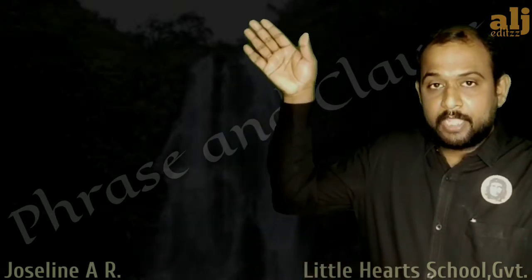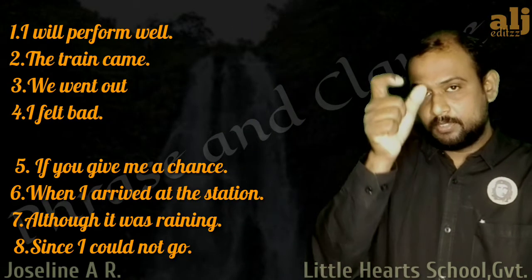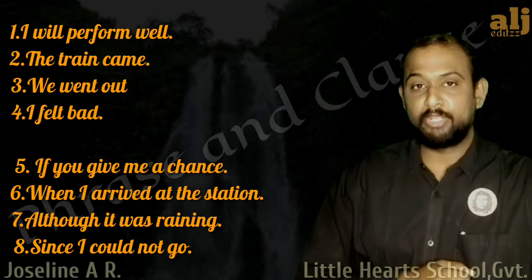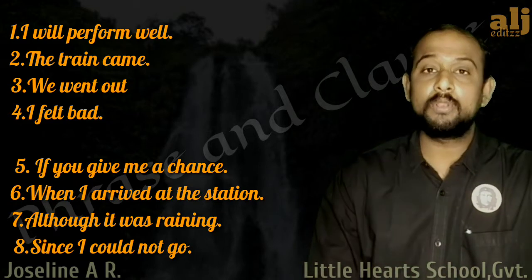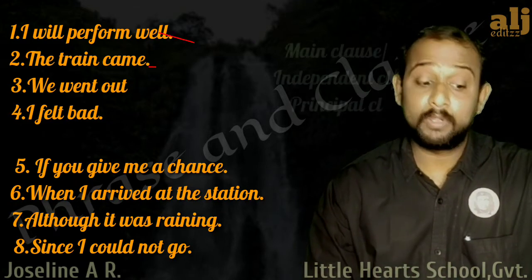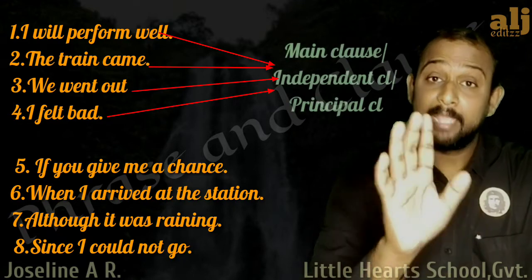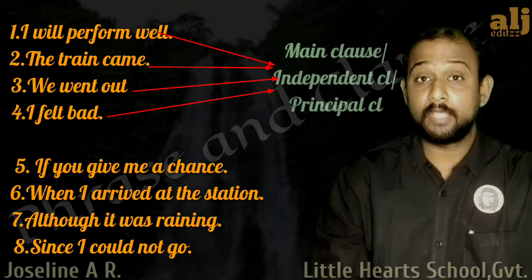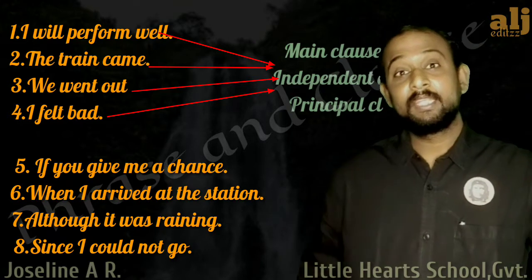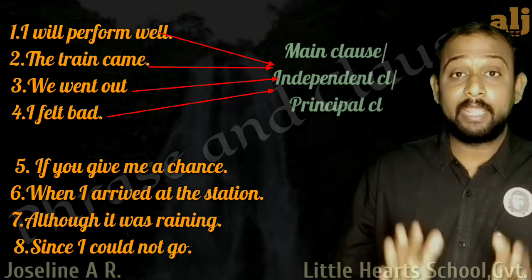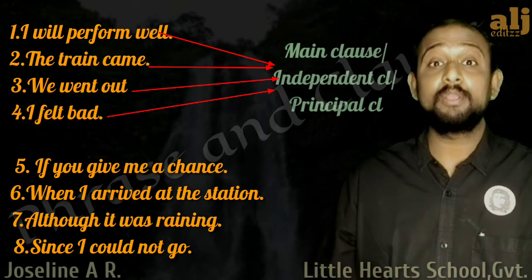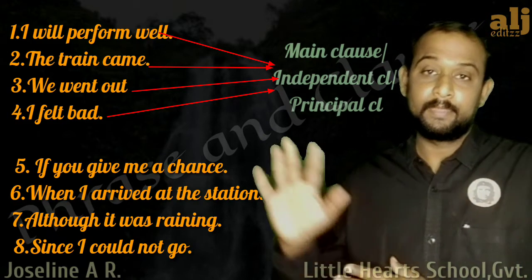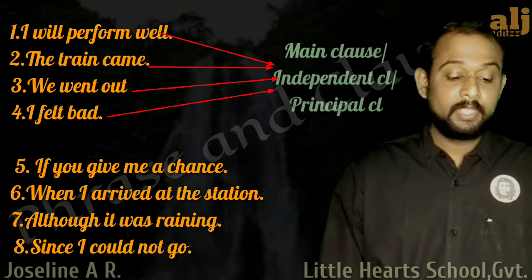See, I have given in total 8 clauses on the screen. First 4 are examples for main clauses, principal clauses, independent clauses. The next 4 are examples for dependent or subordinating clauses. Look at the screen carefully.